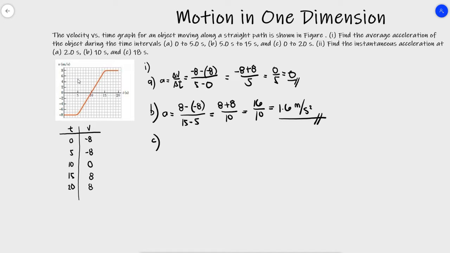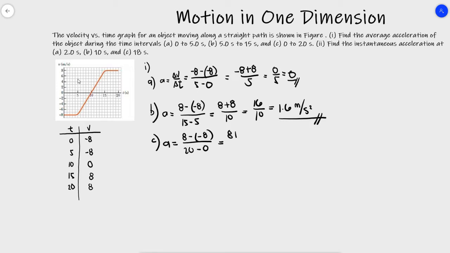For letter C, the acceleration is from 0 to 20. Therefore, at 20 seconds the velocity is 8, and at 0 it is negative 8, over 20 minus 0.